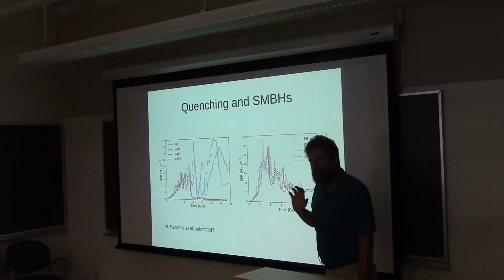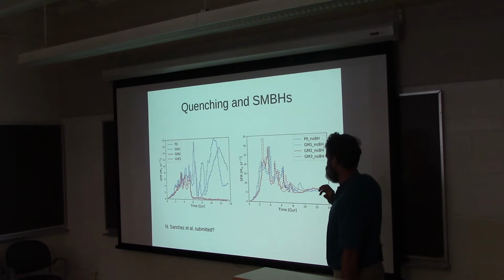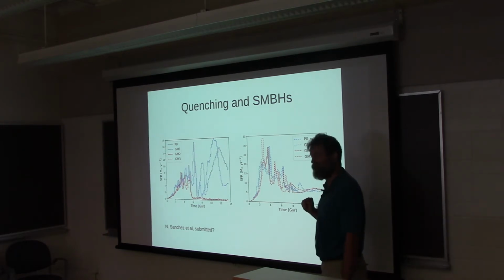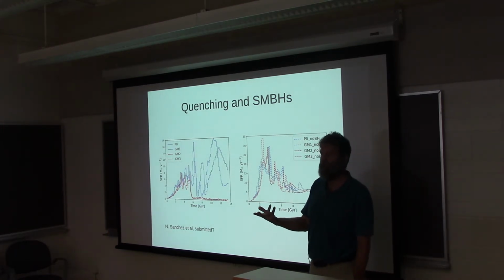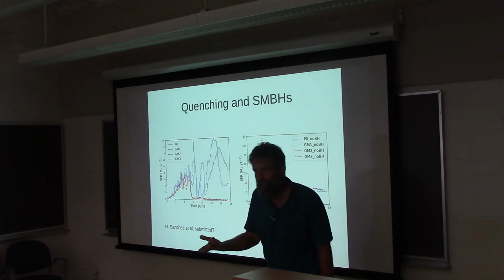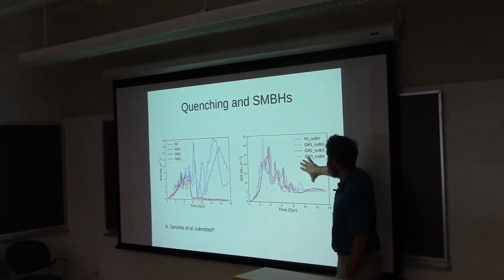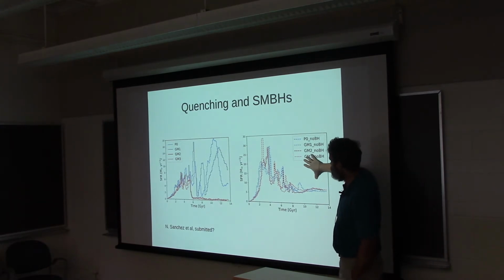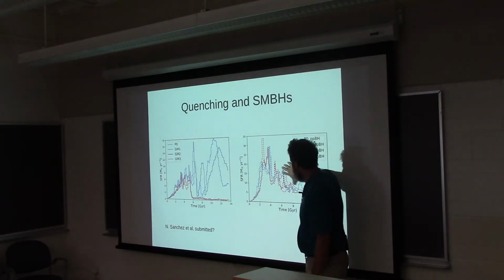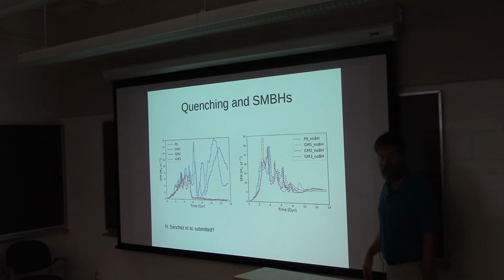The details of what is causing the quenching are not clear, except for the fact that it is definitely tied to the central black hole, because if we run the same thing without a black hole, we find that we don't get the quenching.